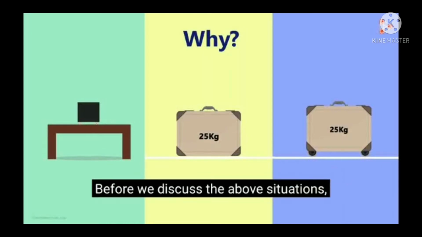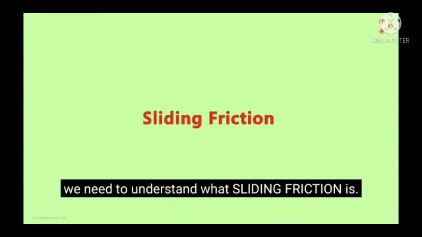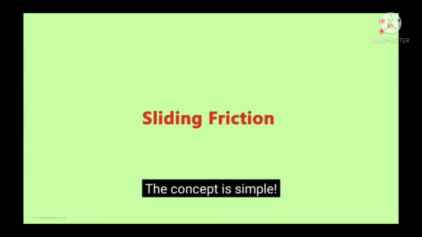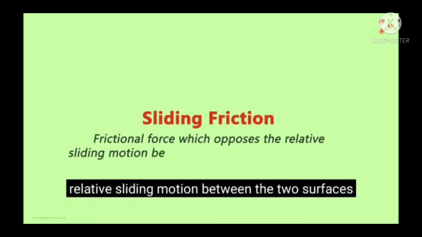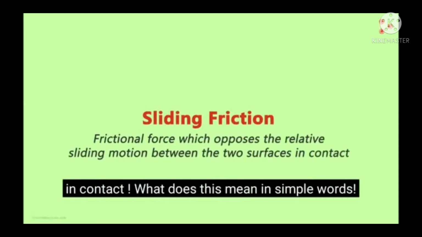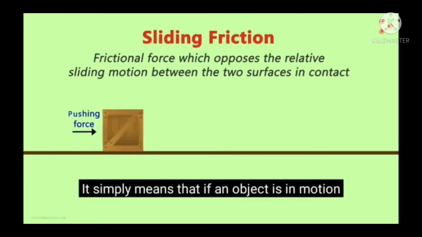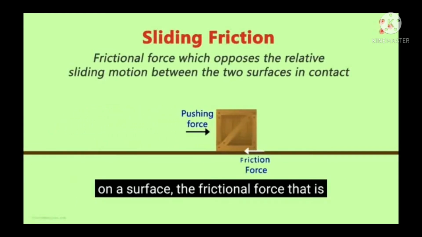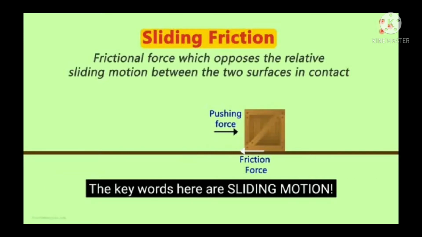Before we discuss the above situations, we need to understand what sliding friction is. The concept is simple. It is the frictional force which opposes the relative sliding motion between the two surfaces in contact. What does this mean in simple words? It simply means that if an object is in motion on a surface, the frictional force that is offered by the surface is called the sliding friction. The key words here are sliding motion.